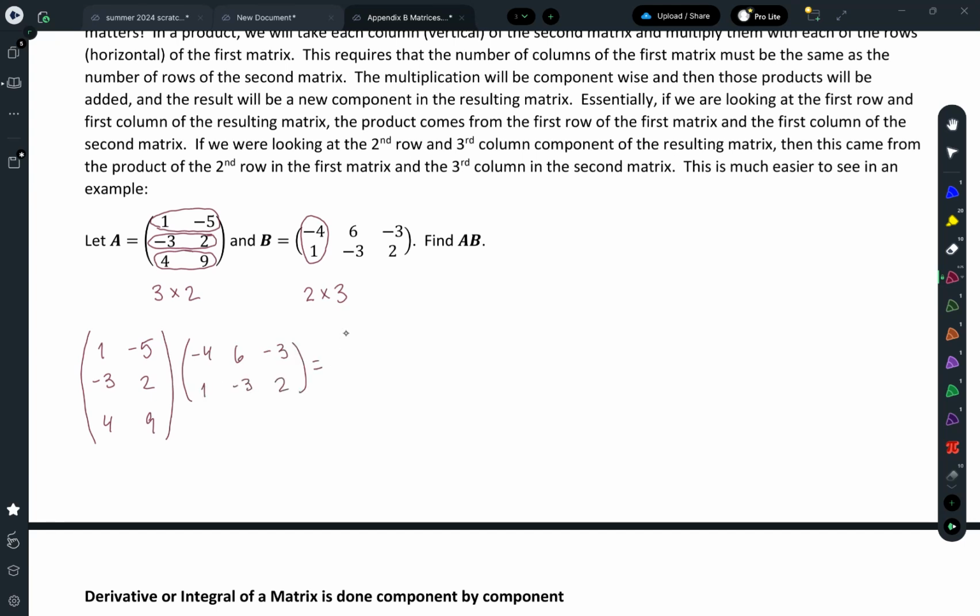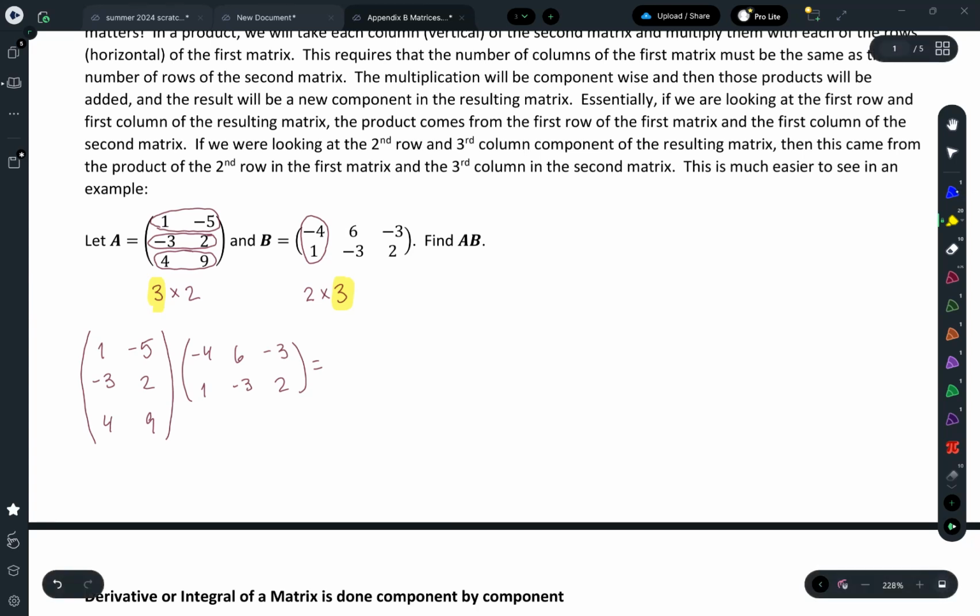All right, so when we do the multiplication, the resultant matrix will have the outer dimensions of each of the matrices. So the outer dimensions are 3 and 3, so our resultant should be a 3 by 3 matrix. Remember, the inner dimensions need to be equal for the multiplication to happen. The outer dimensions tell us the size of the result.